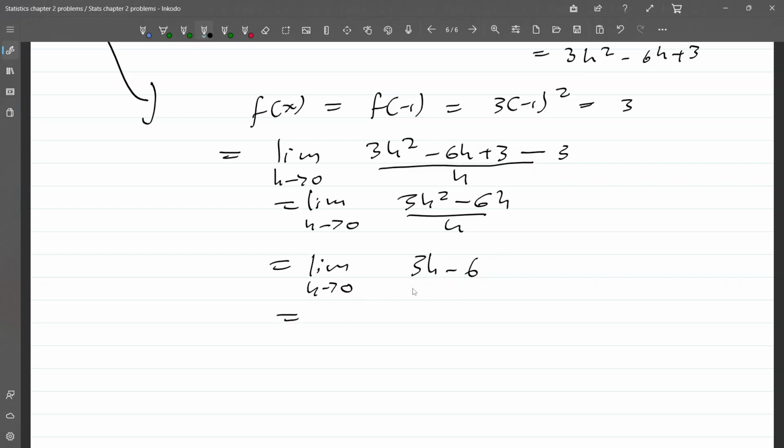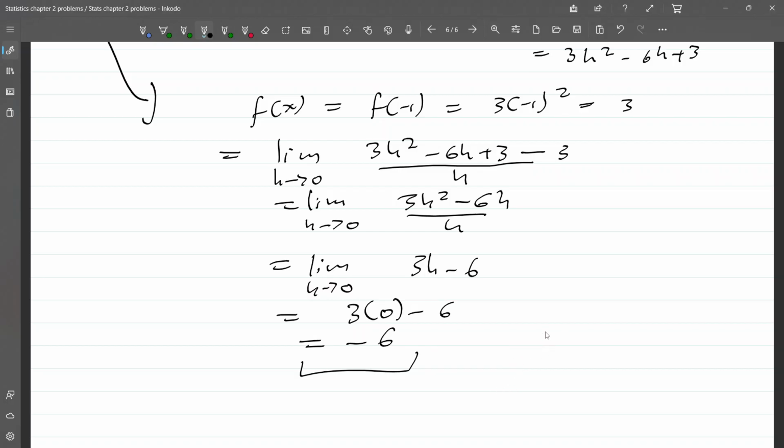Remember from those earlier examples, when you want the limit, you just substitute the value of h. It approaches 0, so you substitute 0, and therefore your answer is negative 6. This is the gradient of the curve at the point where x is equal to minus 1.